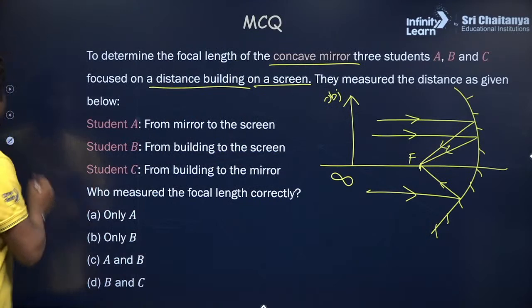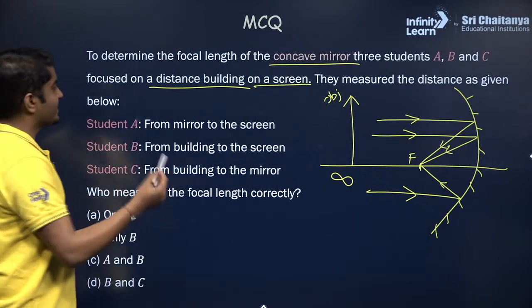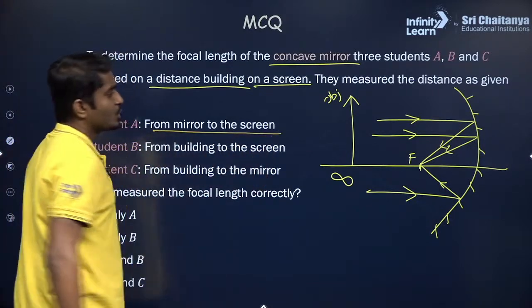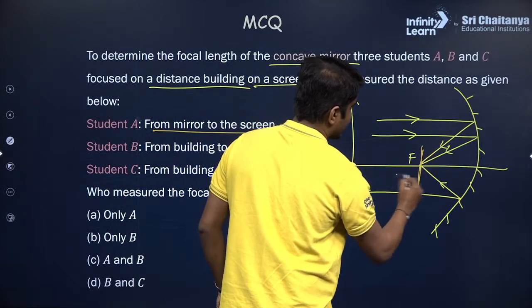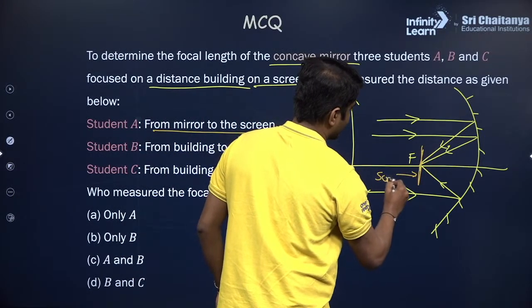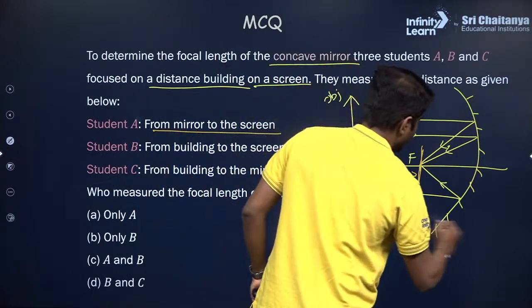So now let's read what distance is measured. Student A is measuring the distance from the mirror to the screen. At this position there is a screen. So student A measures the distance from the mirror to the screen.